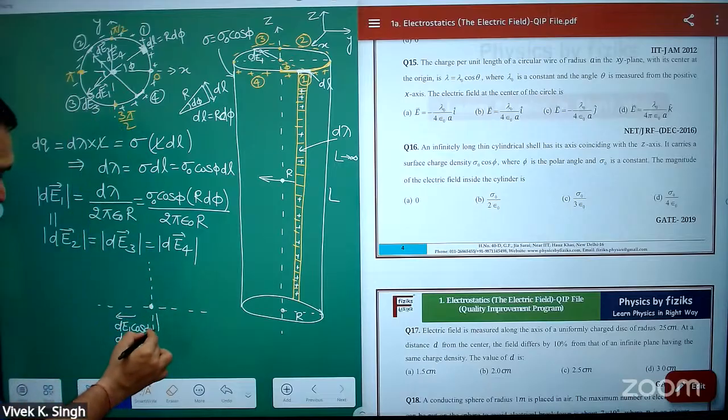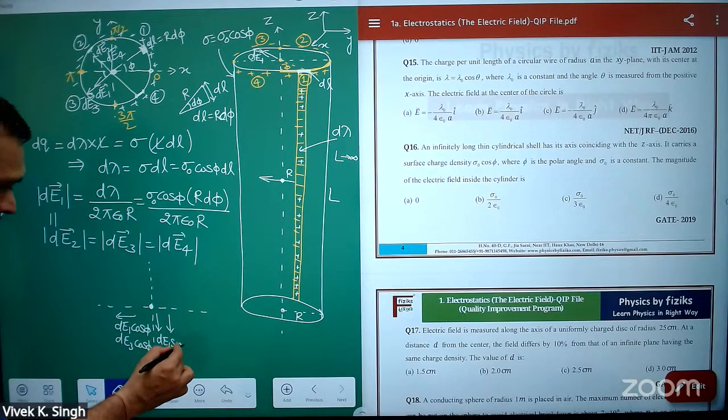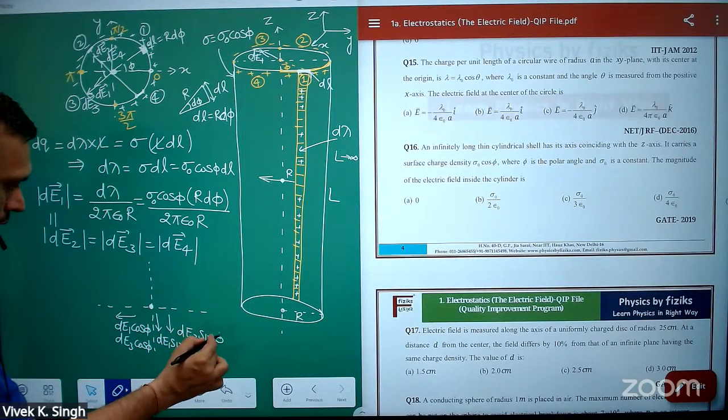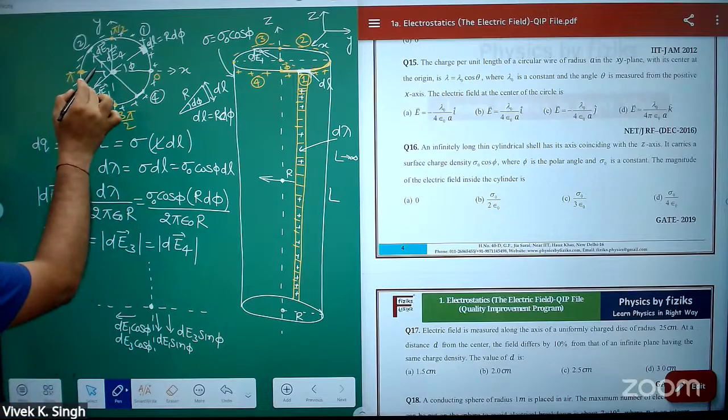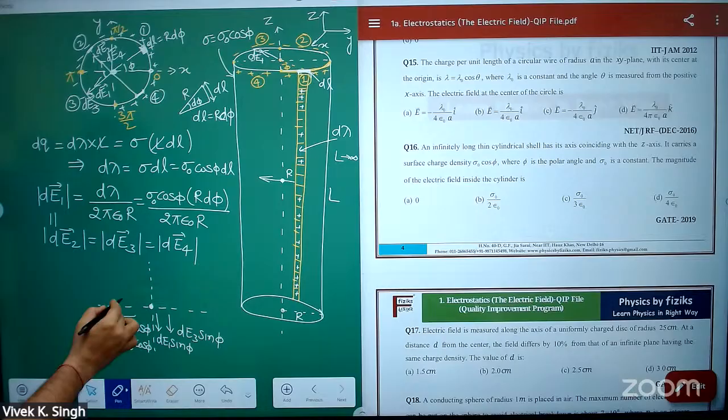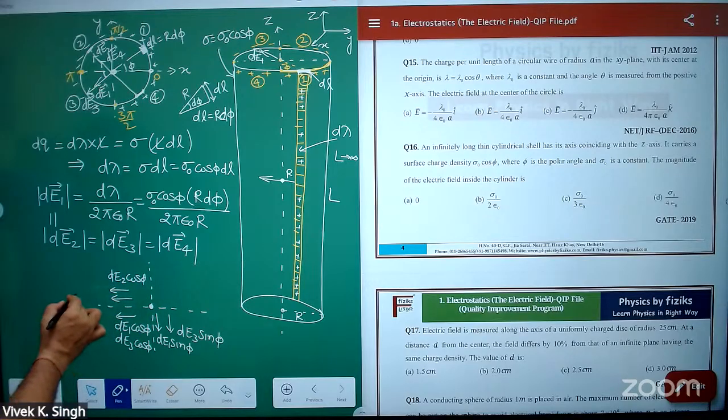And there will be two components in this direction, dE1 sin phi and dE3 sin phi. Similarly, if you resolve dE2 and dE4, because of the same symmetry, I will take two components here: dE2 cos phi and dE4 cos phi.